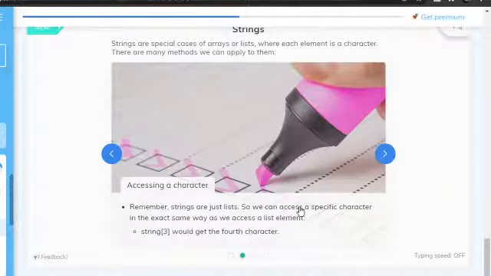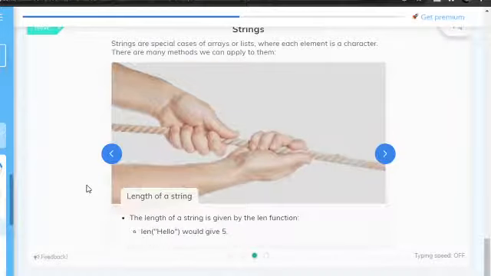Accessing a character: if you have a string, you can easily access a character in that string, using this in the pseudocode, but there are multiple other ways in every other programming language. For example, get char. For length, you can use len, get length, etc., and it would give you the length of the string.